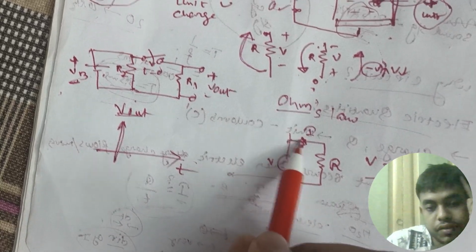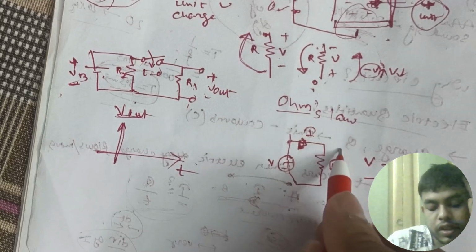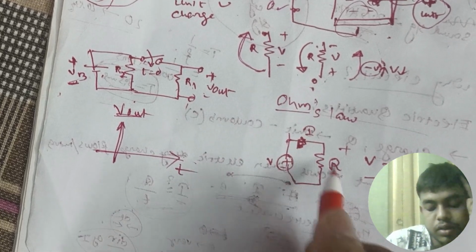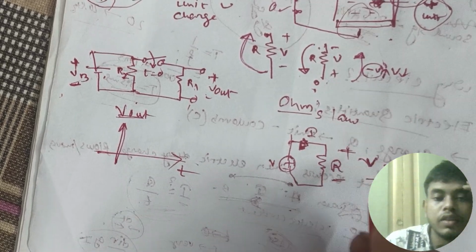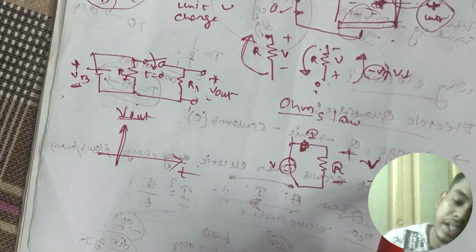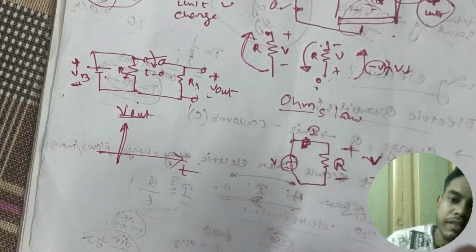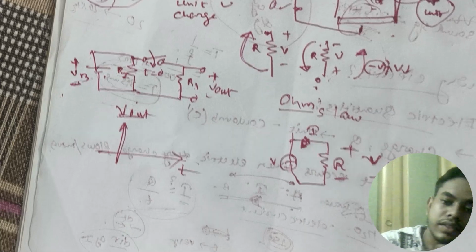So when current flows through a resistor, across the resistor we'll have a voltage V. This is the multiplication of current and the value of the resistance.